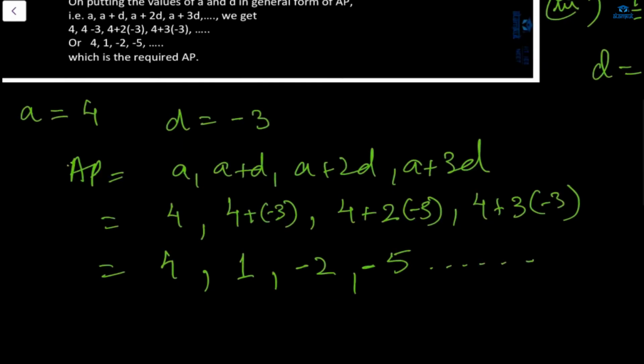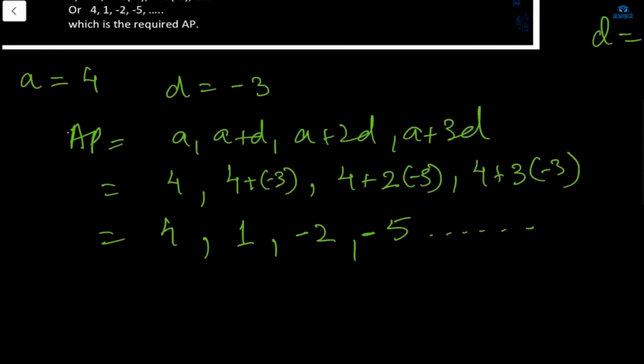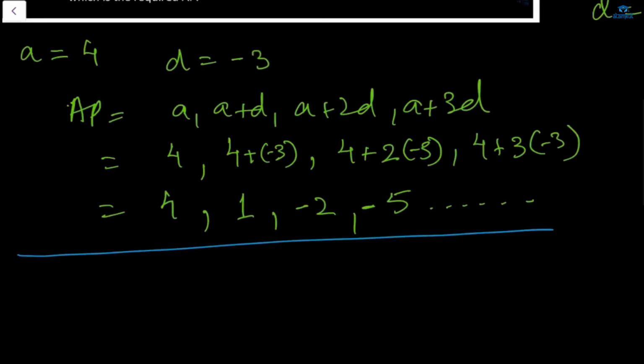And in fact you already know that you can find it directly. You can just write A is 4. From 4, you subtract the common difference minus 3, so you get 1, and from 1 if you subtract minus 3, what you will get? Minus 2.